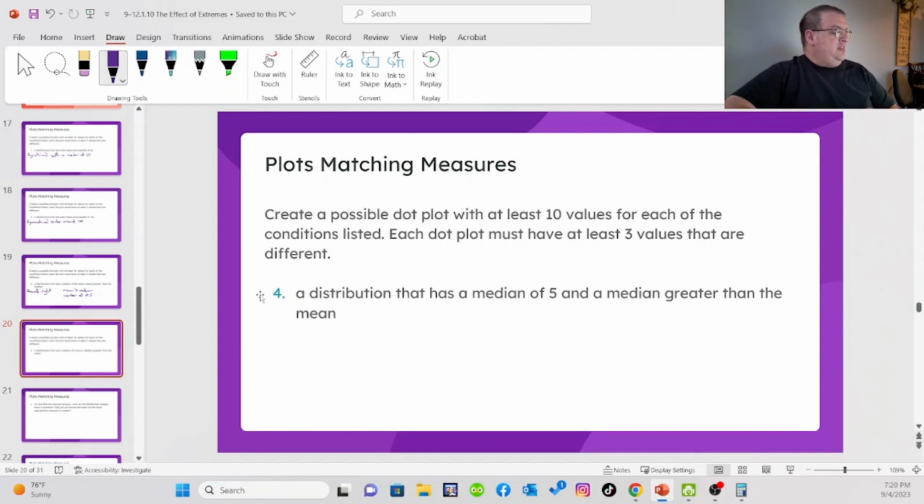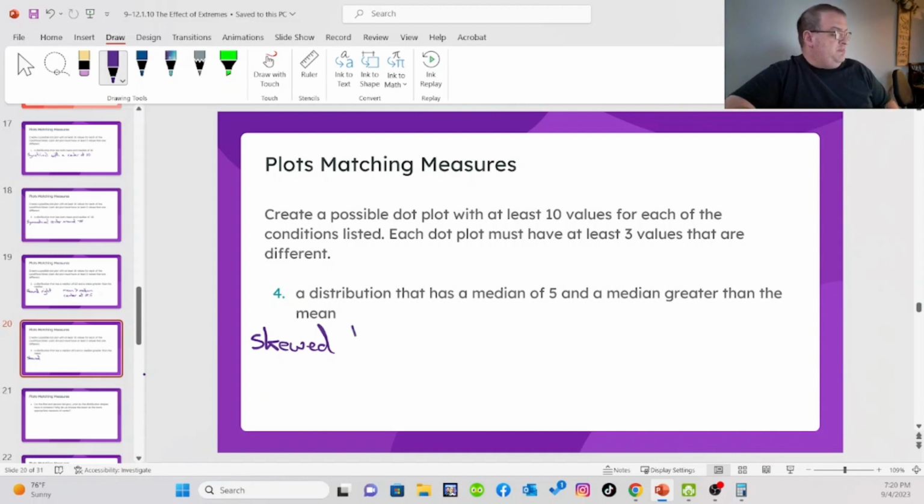And lastly, we want a distribution with a median of 5 and a median that is greater than the mean. So again, for them to not be the same, this must be skewed. And for the median to be greater than the mean, it must follow the tail to the left.